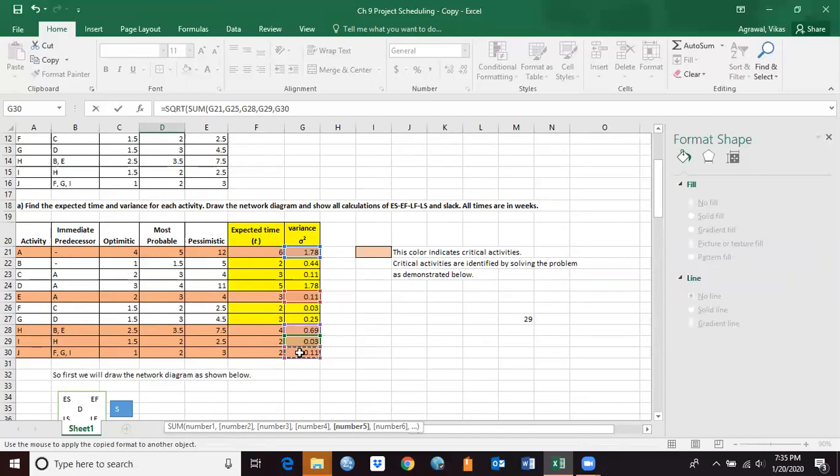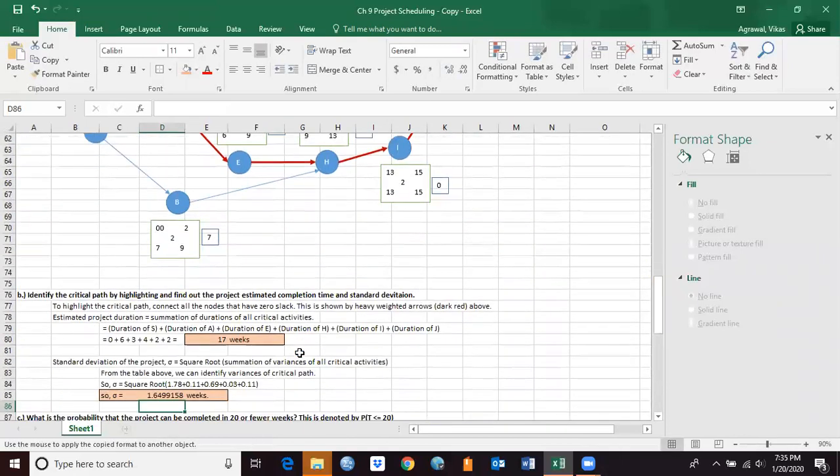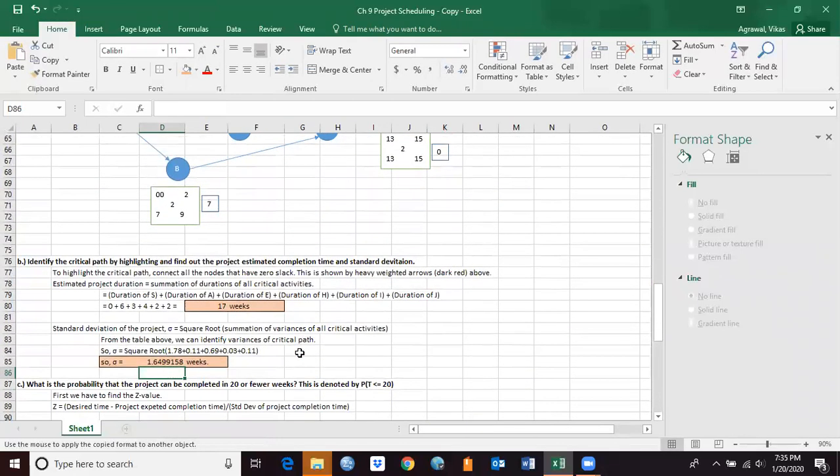Okay, that's for the sum and that's for the square root, and this should give us 1.6499. I'm going to cross-check that number here. Yes, that's what I got here. So that's the standard deviation of the project duration, in weeks.